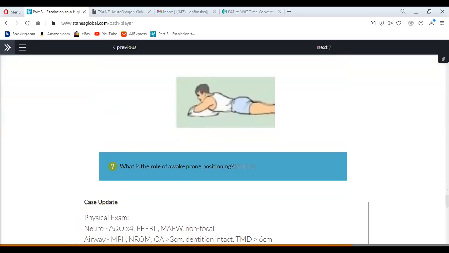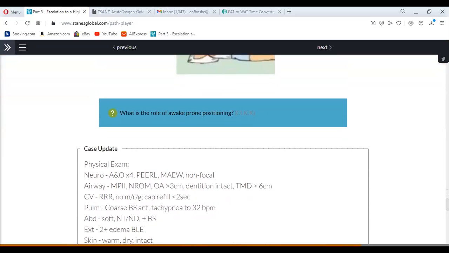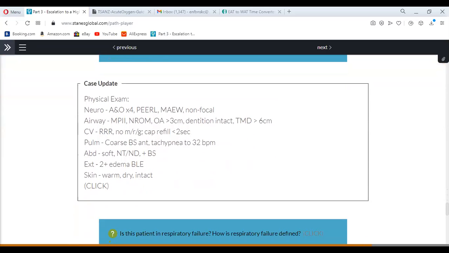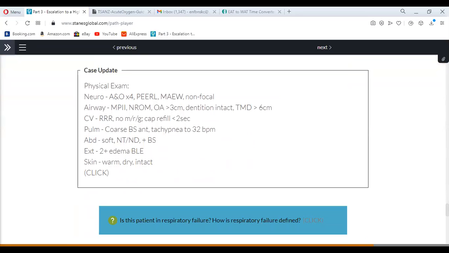Okay. The role of the prone position has been explained by Dr. Suleiman earlier on. So we go to the case update. Now, the patient has been re-examined again to assess the response to the intervention so far.